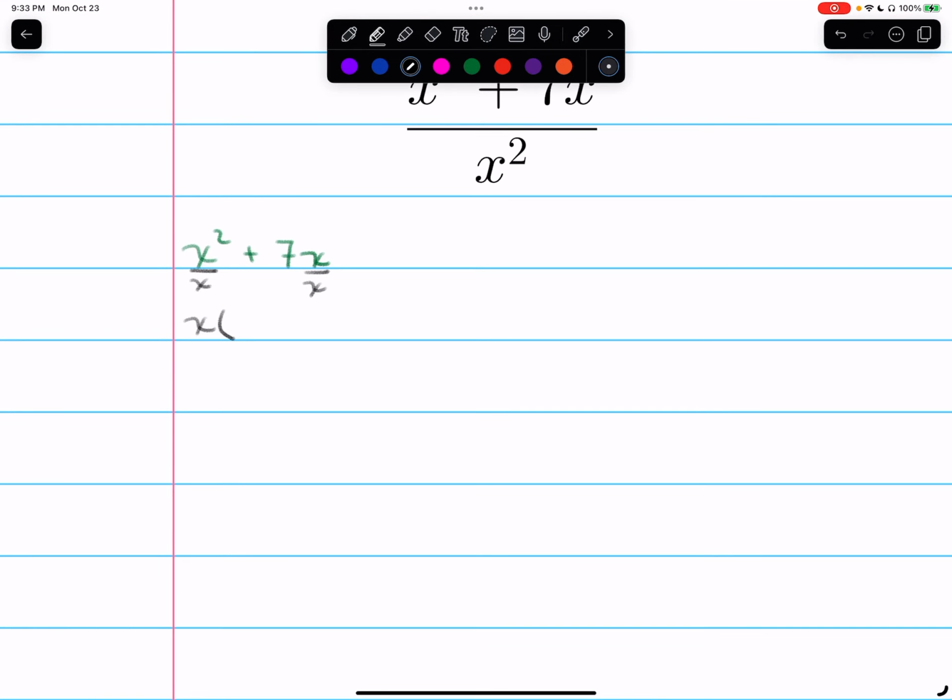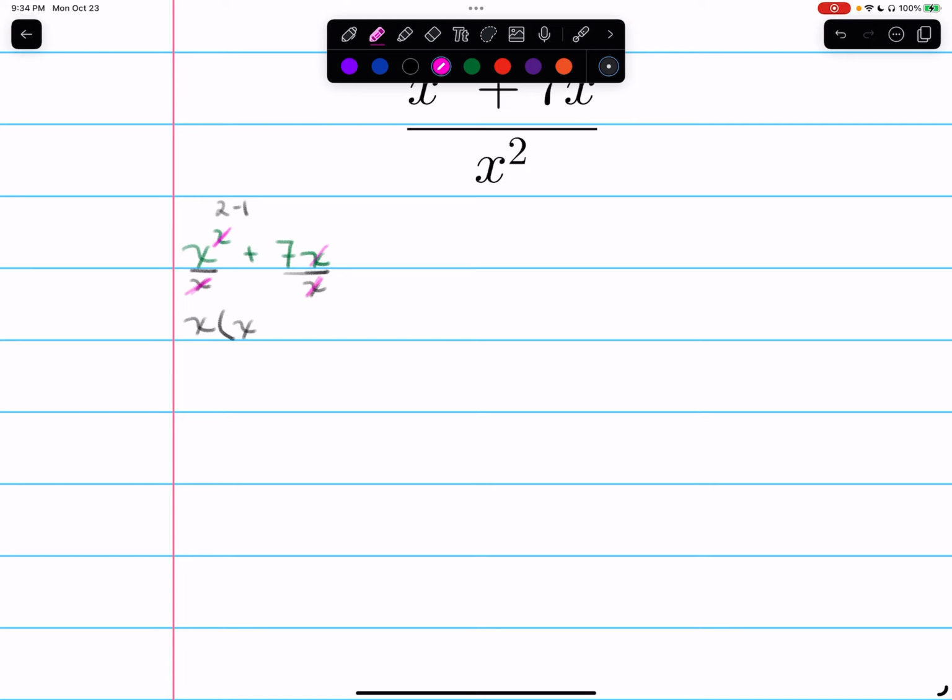So when I divide, x squared divided by x means the x on the bottom goes away, and the x on the top, we just lose one of them, okay? You're subtracting your exponents, so it'd be 2 minus 1. So now I just have an x over here. And then if I'm dividing 7x by x, my x's just cancel out because x divided by x is 1.